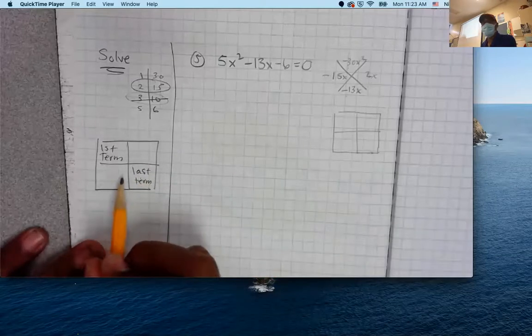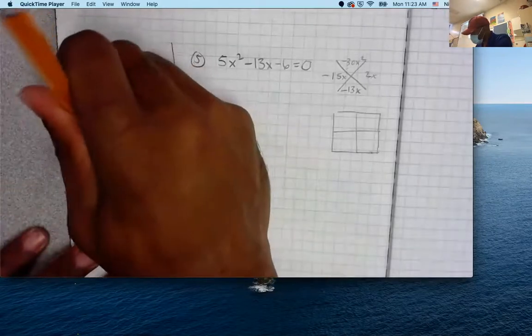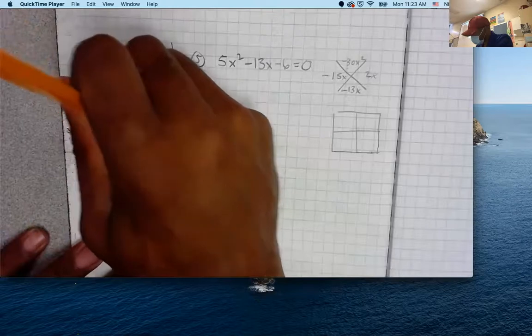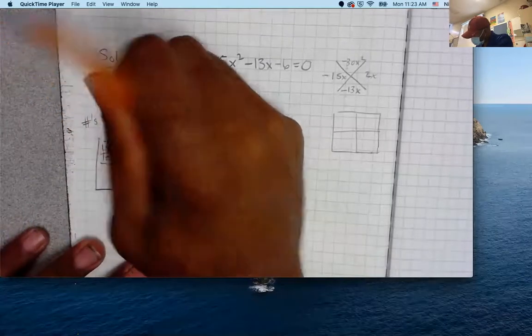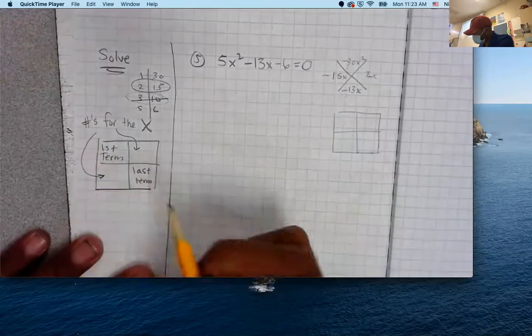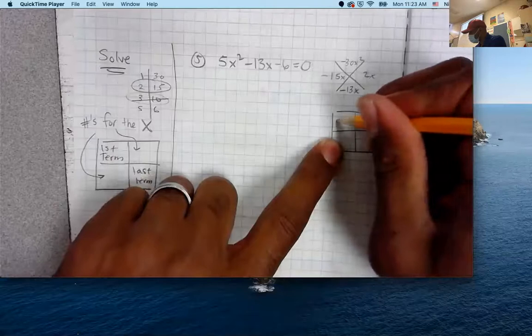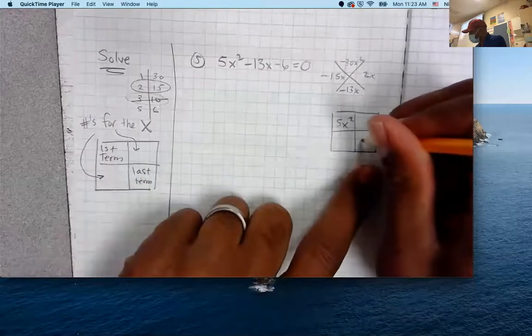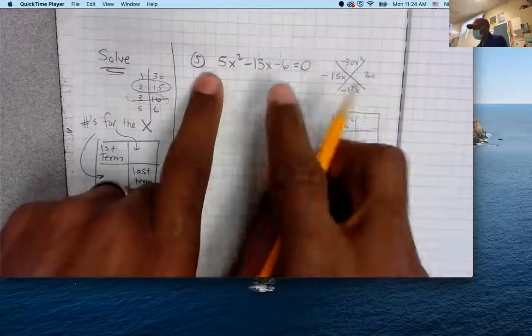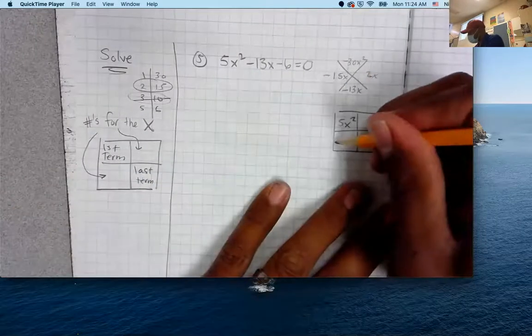And I'll say the numbers from the diamond go here. After you find those two numbers, those go here. So first term, 5x squared. Last term, -6 from the equation. And then I take those two numbers that go in the other boxes.